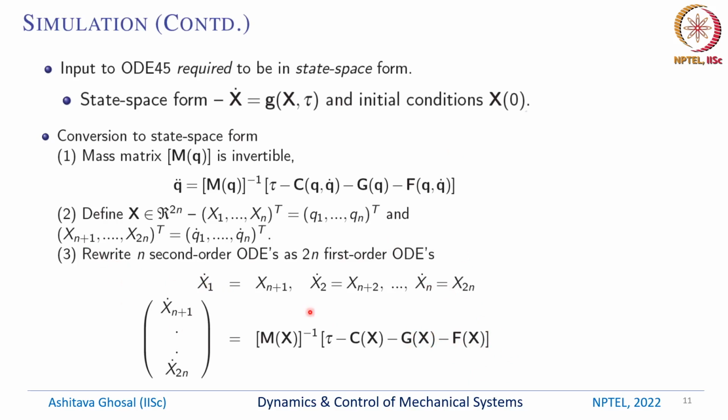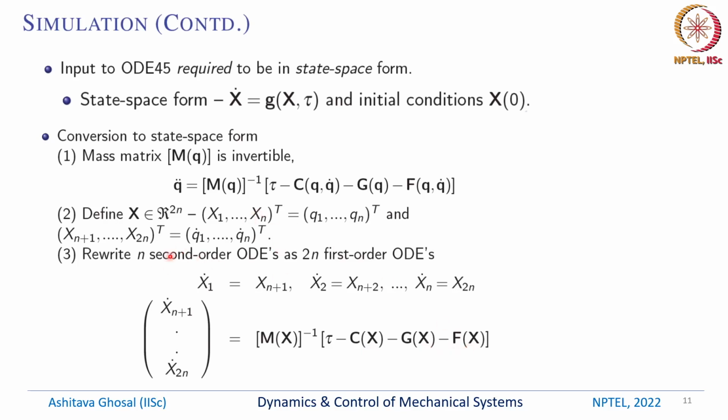Remember, there are 2n of these x's. So we have n first order equations of the form x1 dot is xn+1, x2 dot is xn+2, and so on, and then xn+1 dot all the way till x2n dot as equations of motion, which is M inverse times tau minus c minus g minus f.